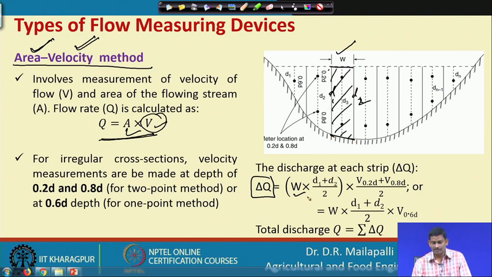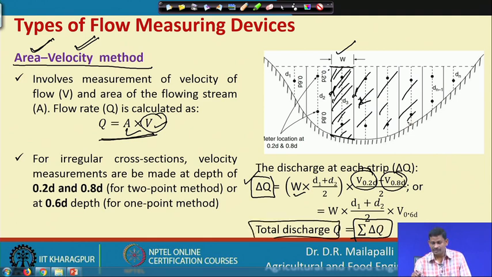The velocity measured at 0.2 times d and the velocity measured at 0.8 times d are averaged, and then you get the delta q, the flow rate for this section. Similarly, the flow rate for each other section, and the summation of all these small dq's gives the total discharge in the channel.